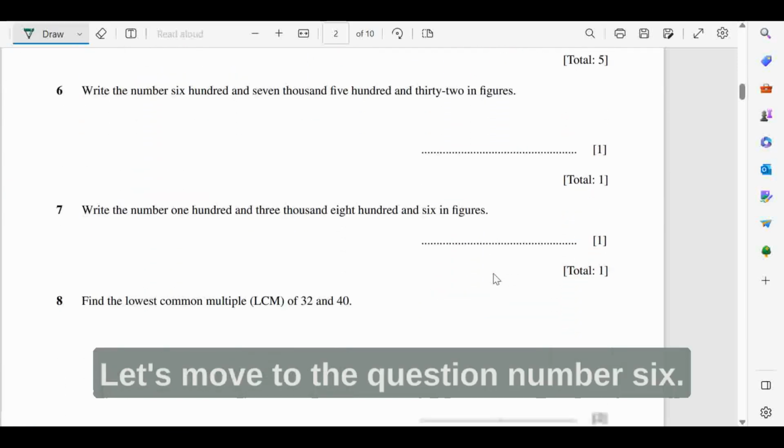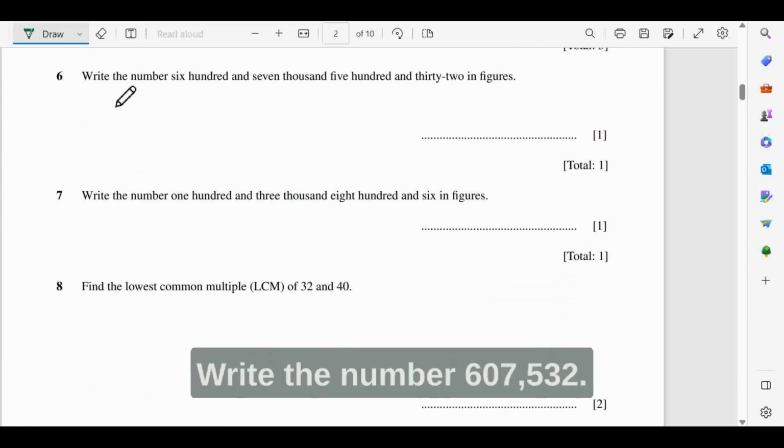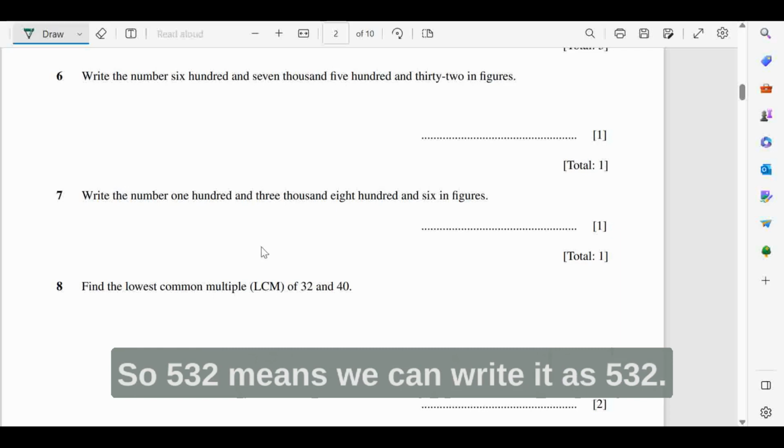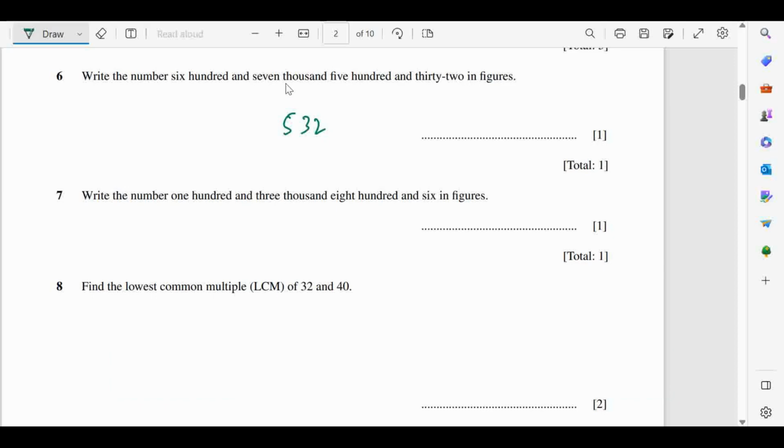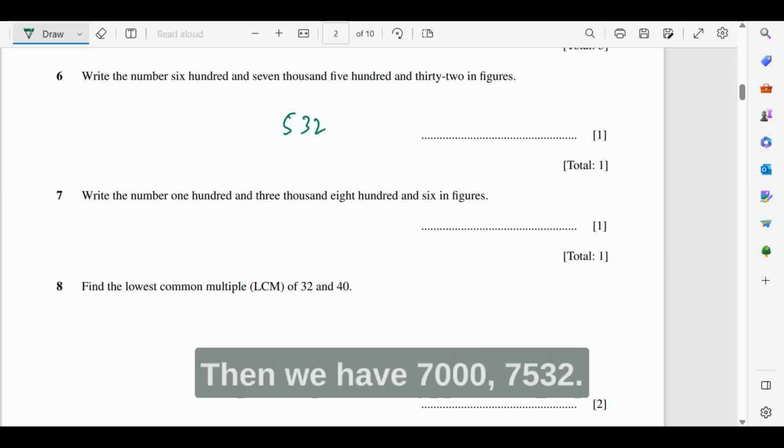Let's move to the question number 6. Write the number 607,532. So 532 means we can write it as 532. Then we have 7,532.